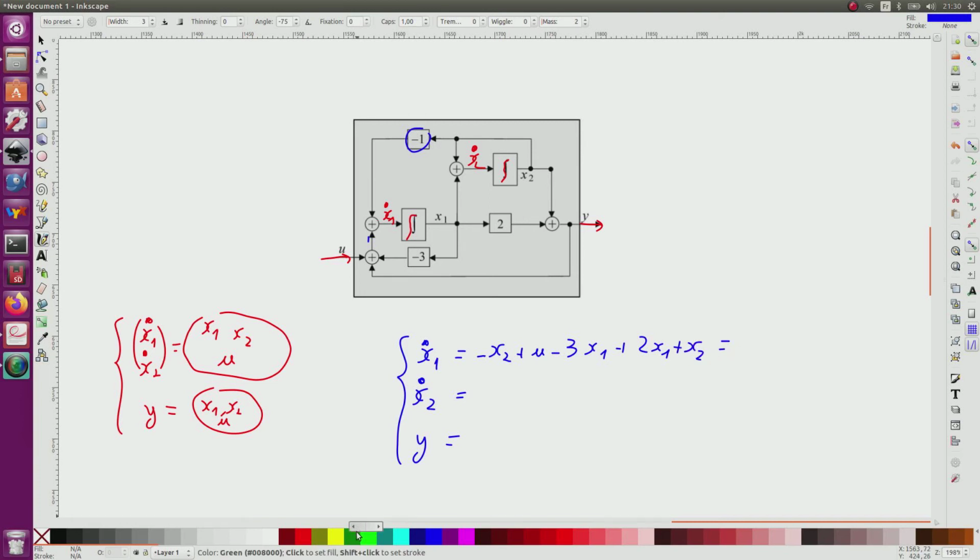So note that I have a simplification here with the x2, and I get that x dot 1 is equal to u minus x1.